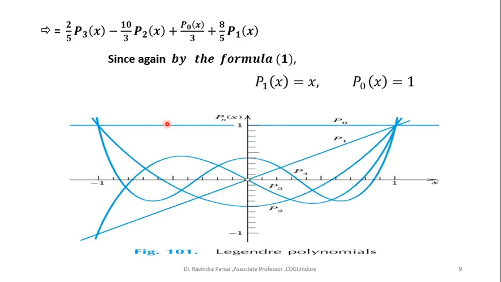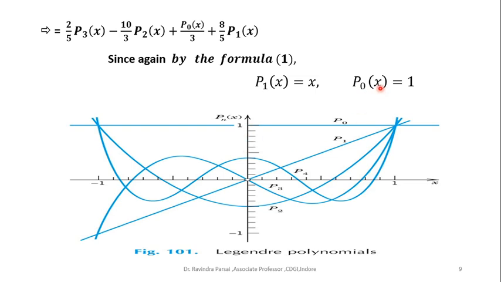Now you can see these polynomials of various degrees in a graphical sense. P0(x) is equal to 1, as this is a constant polynomial, so y equal to 1.